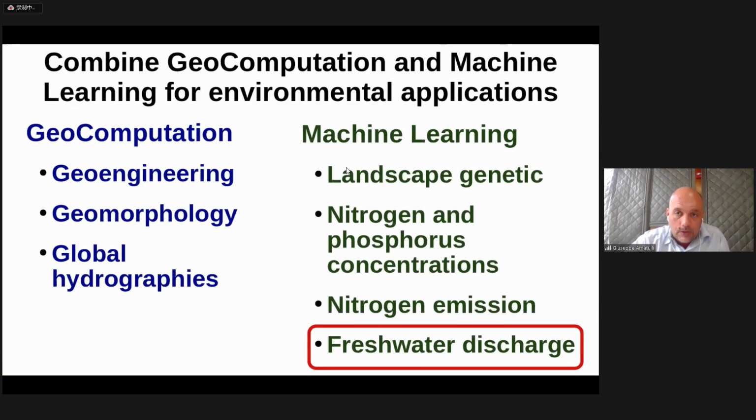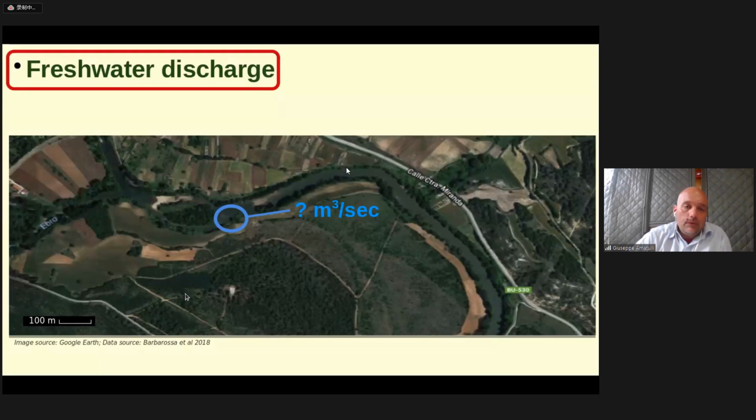So we move on to the last job, and also the big one, which is strongly related with the calculation of the global hydrography, so the freshwater discharge. With the first work, we were really understanding where the streams are, and with the second one, we try to estimate the amount of water in a particular location at a 90-meter resolution.